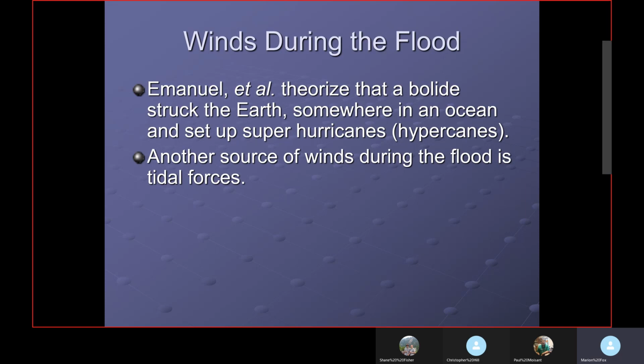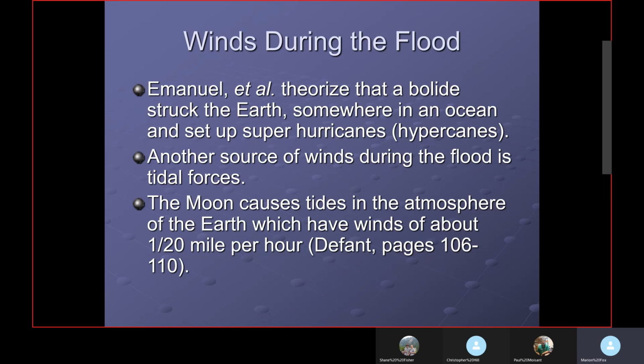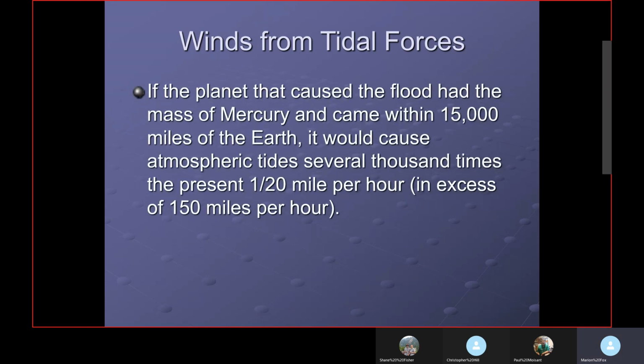Another source of winds during the flood, of course, is tidal forces. According to Defant, the moon's tide causes tides in the atmosphere of the Earth, which have winds of about 1/20th mile per hour. Defant, pages 106 to 110. This helps the Earth's atmosphere to mix and keep it where the oxygen and other gases are kept mixed and churned.